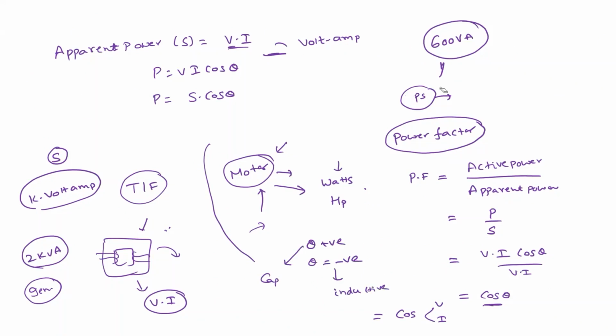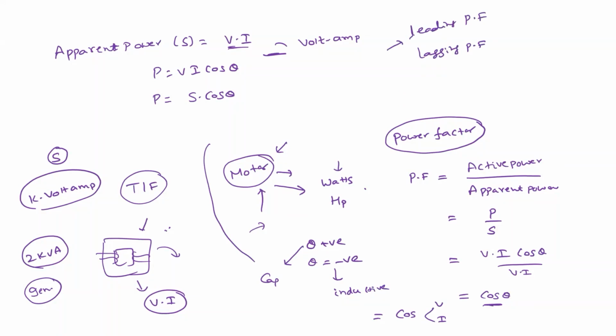So we have two classifications in power factor: leading power factor and lagging power factor. Leading power factor is when the current leads the voltage waveform, which means capacitive loads.